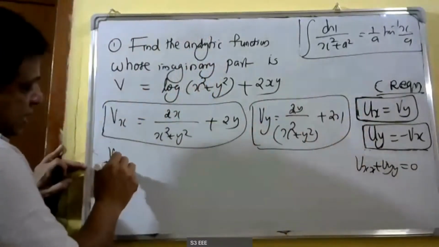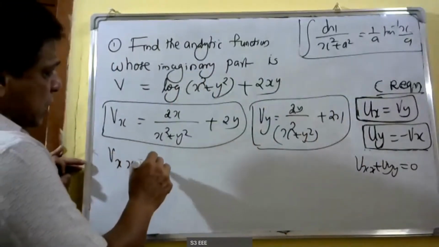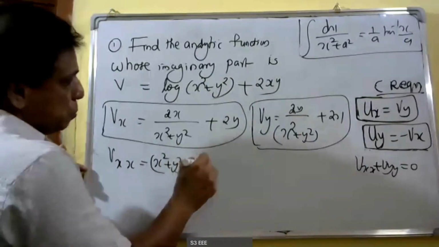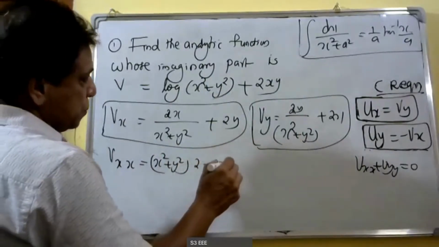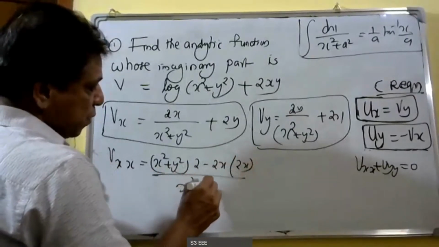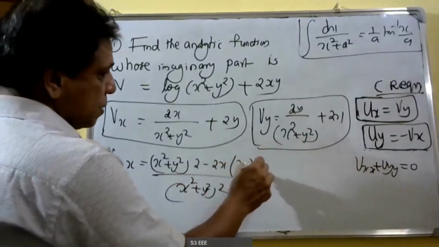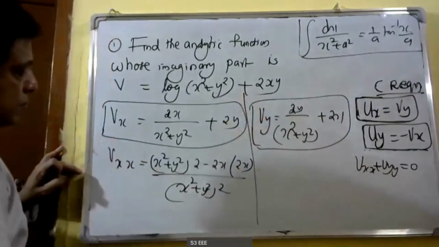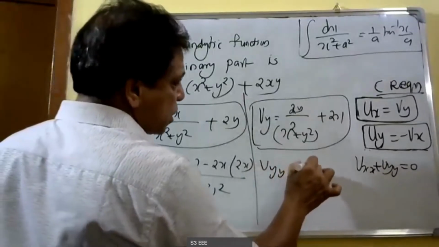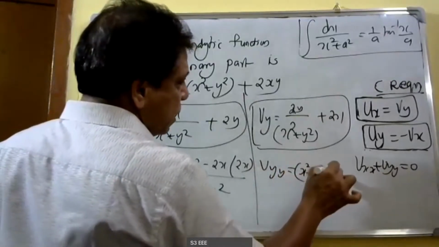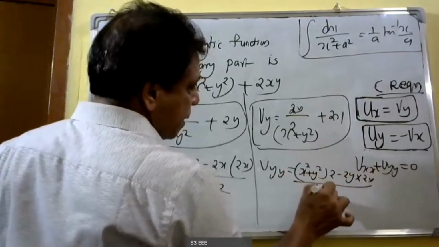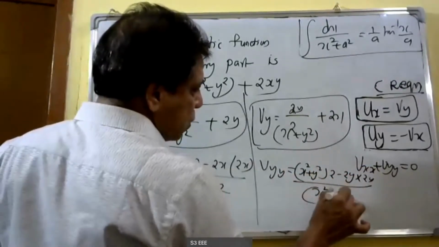Then find vxx. vxx = [(x² + y²) × 2 − 2x × 2x] / (x² + y²)². Then vyy = [(x² + y²) × 2 − 2y × 2y] / (x² + y²)².